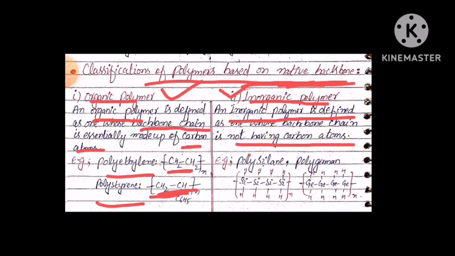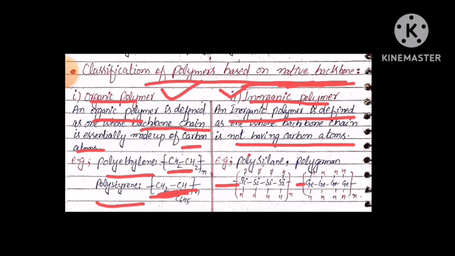So, how can you differentiate? In organic polymer, the backbone chain is essentially made up of carbon atoms, while in inorganic polymer the backbone chain does not have carbon atoms. If not carbon, then it can be any inorganic element, either silicon or germanium.